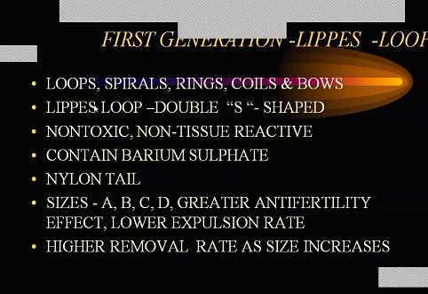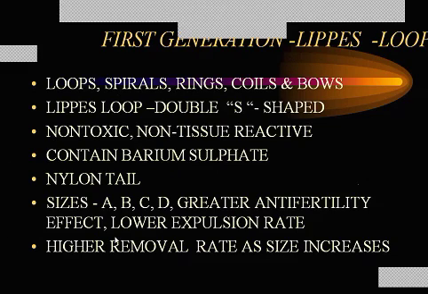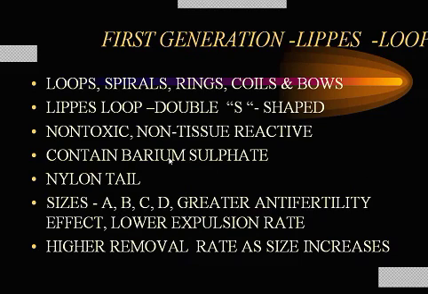So this is about the first generation IUDs, of which the Lippes loop is a commonly used device, and they are available as loops, spirals, rings, coils, and balls. Commonly used is the Lippes loop. This Lippes loop is double S shaped and impregnated with barium sulfate, enabling X-ray examination. It also has a tail with 2 threads, so that the user can assure that the device is in its place, and it is available in 4 sizes: A, B, C, D, and D is the largest size.